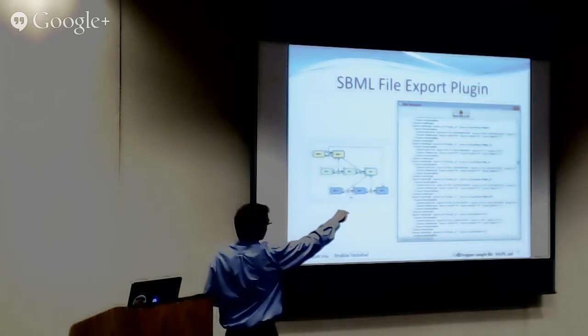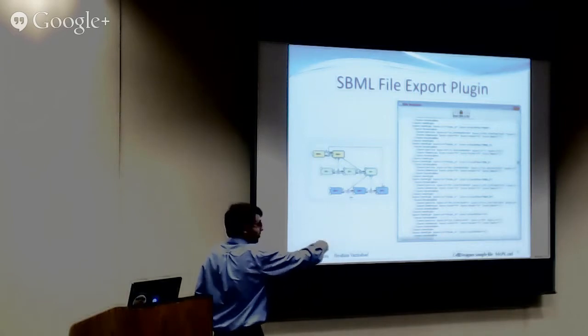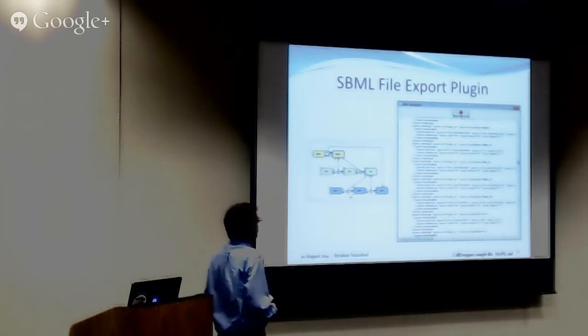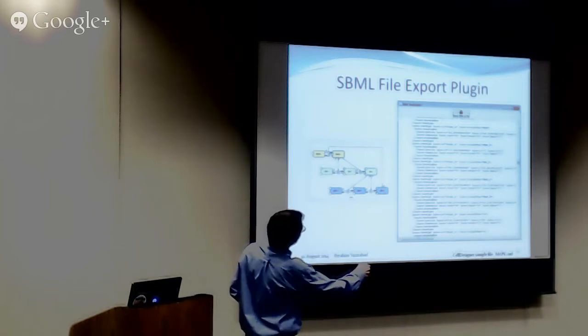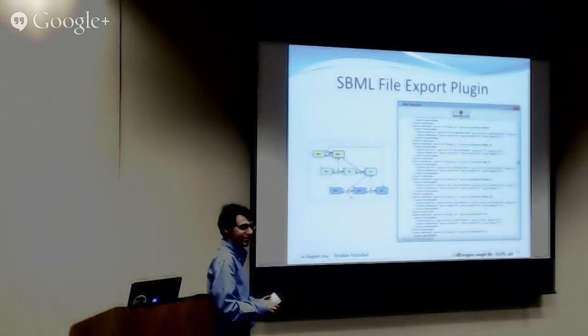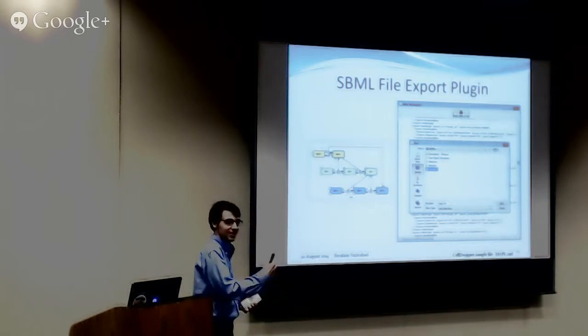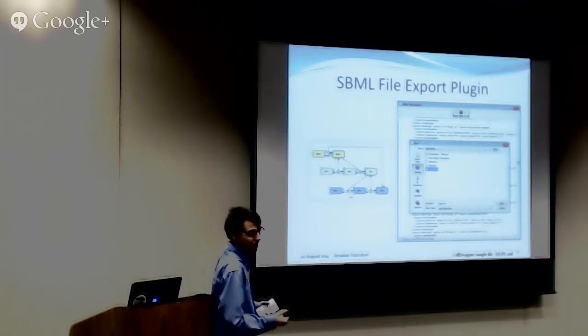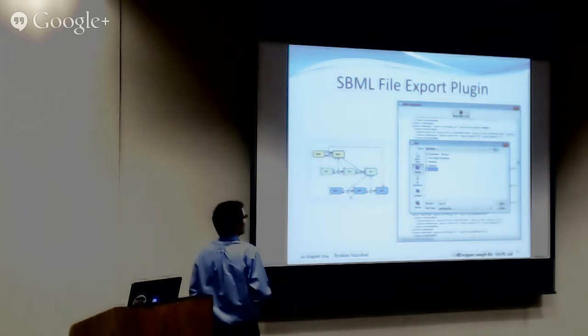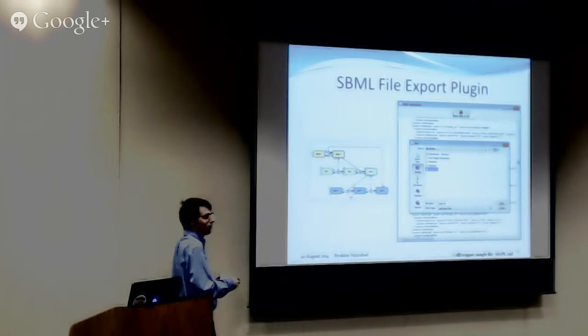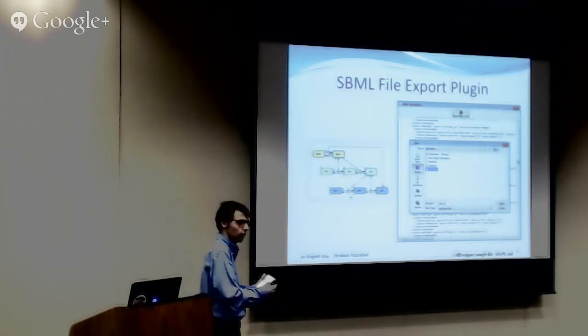We can see that there's layout information inside of there. That's good. And up on the top, we can see there's a button that says export SBML to file. When we click on it, we get a save dialog, which allows us to save this SBML file to a custom location. And this would be pretty helpful in later portions of working with the layout.